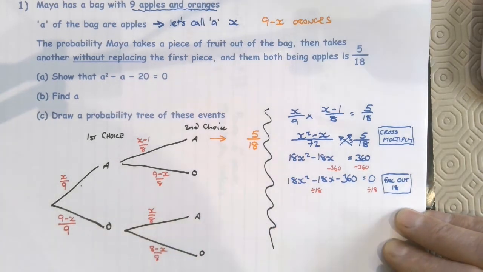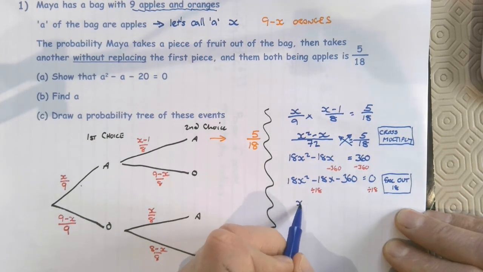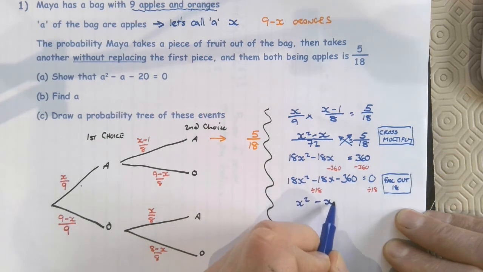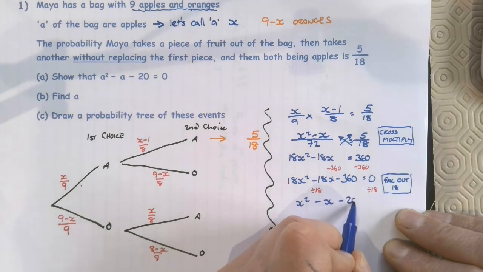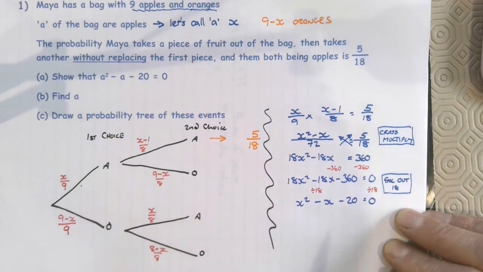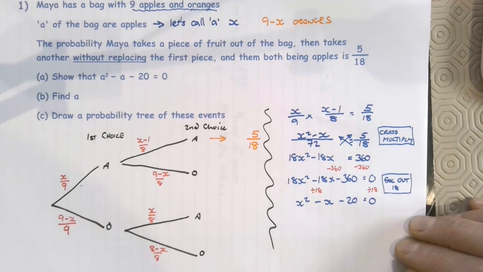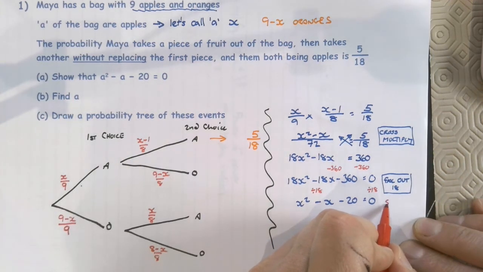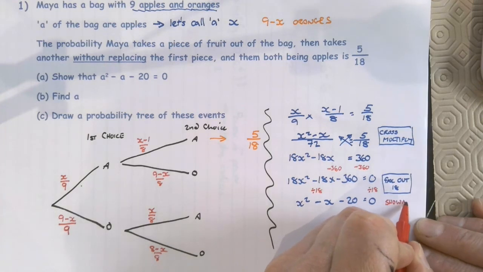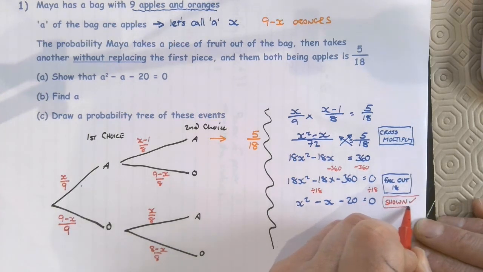And of course 0 divided by 18 is just 0. So that's going to give us x squared, take x, take 20 is 0. Which means we have shown it.